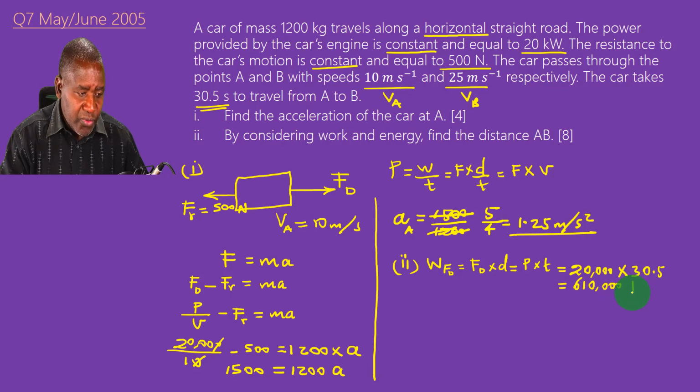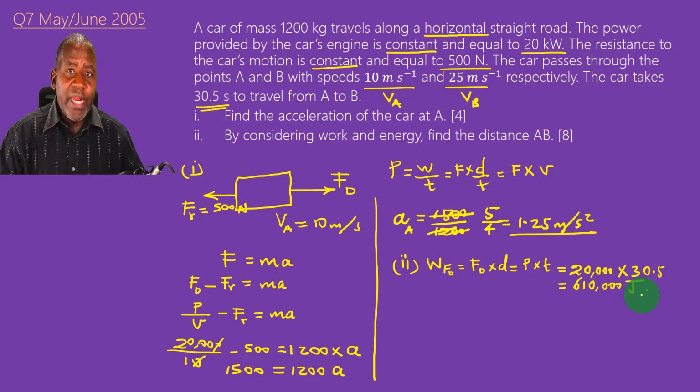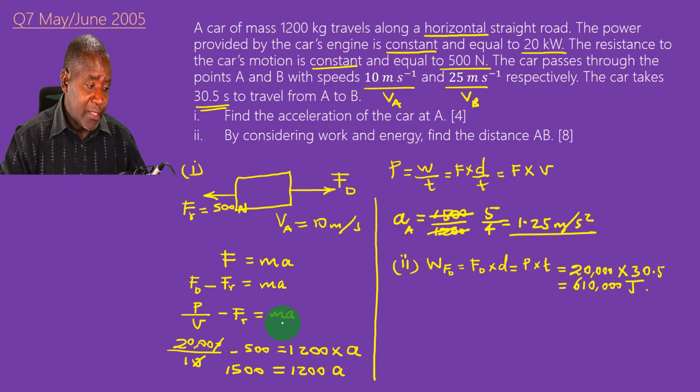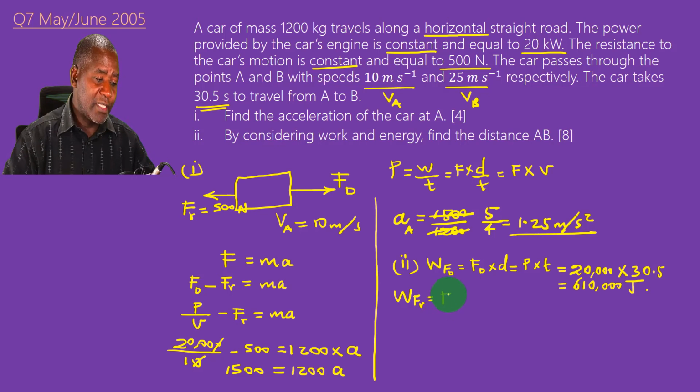610,000 joules. The next one is the work done by resistance, W equals FR, and here I get the FR itself. Of course, it must carry a negative sign times the distance.